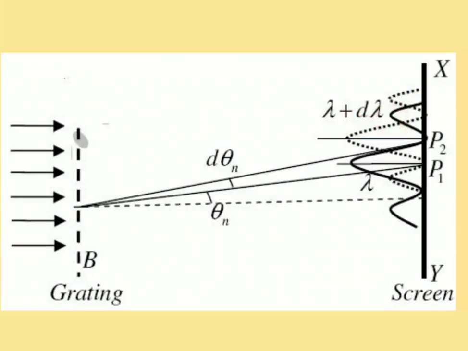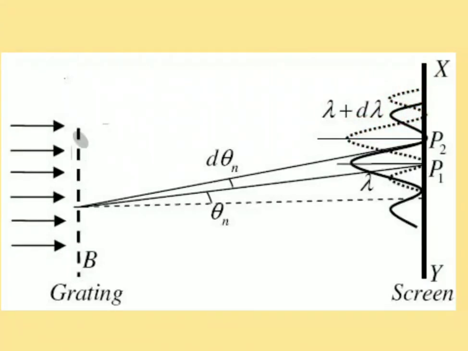That nearest is expressed in terms of d lambda. The meaning of d lambda is very, very small. Lambda plus d lambda means it is nearest to lambda. Now this spectral line is represented by dotted lines.